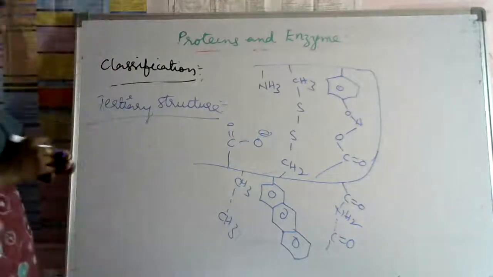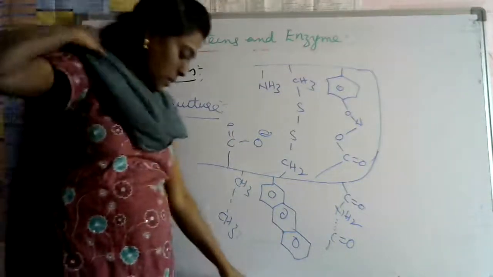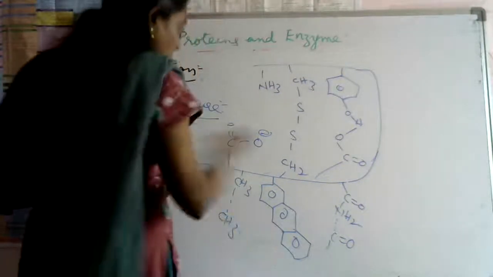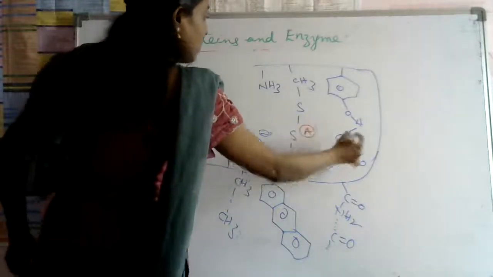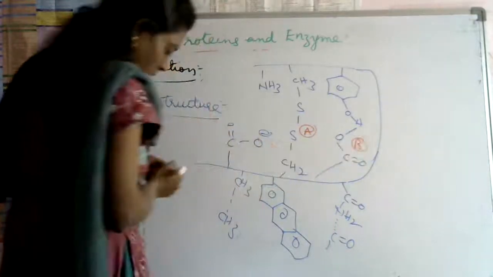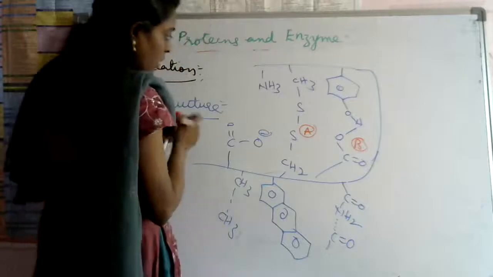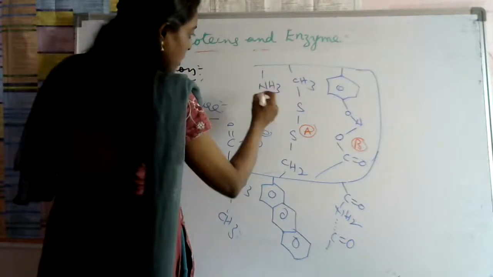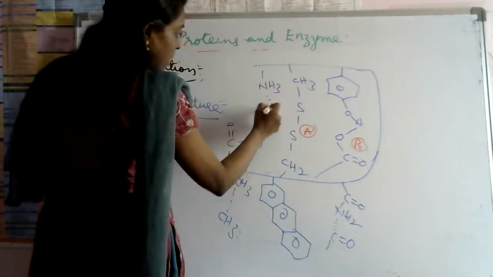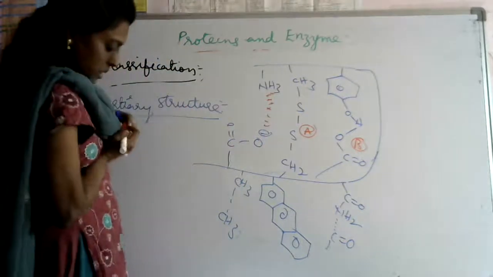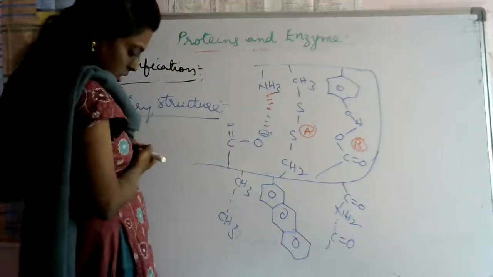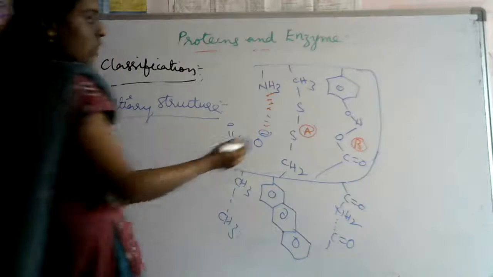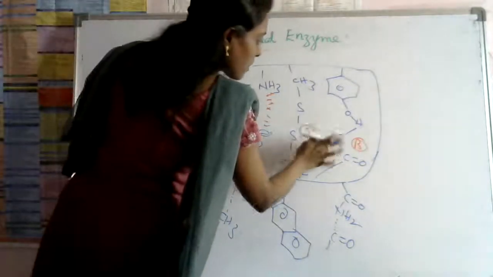Here there are some types of bonds. This is A bond, B. Next, here also which type of bond is present? Hydrogen bond is present. B. Here also hydrogen bond is present.